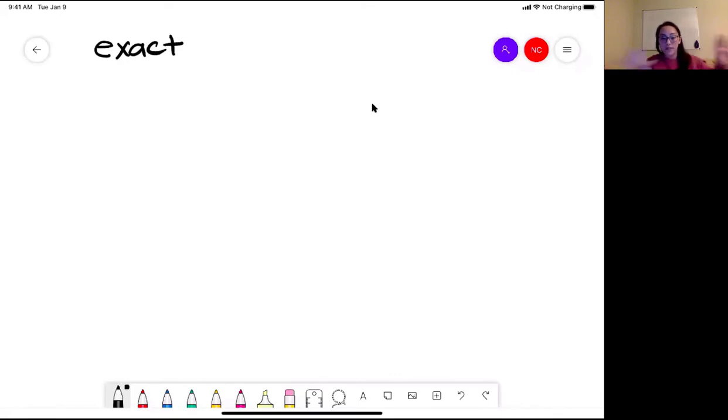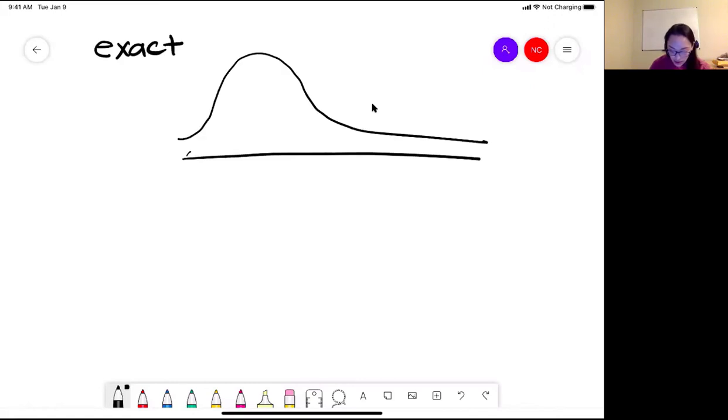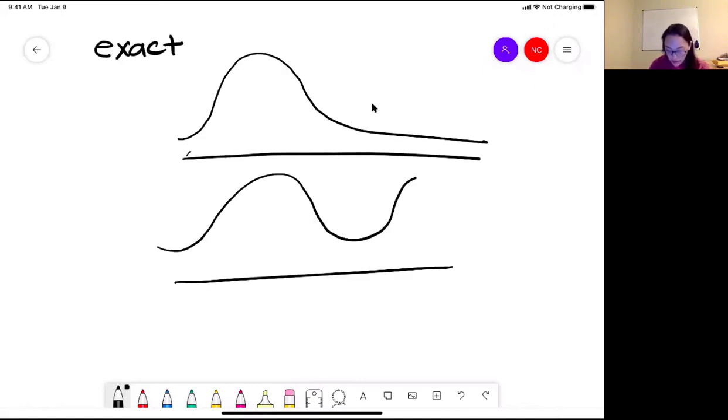It doesn't have to be normally distributed. It doesn't have to have any normal shape at all, right? I just want to know, given this frequency distribution, what is the exact percentile? So the shape of your distribution might look like this. It could look like this, right? In the case of an exact percentile, it doesn't matter what your distribution looks like.